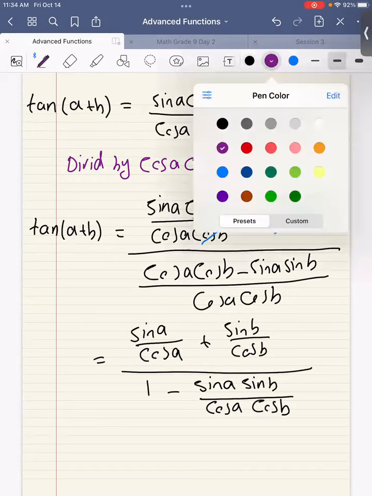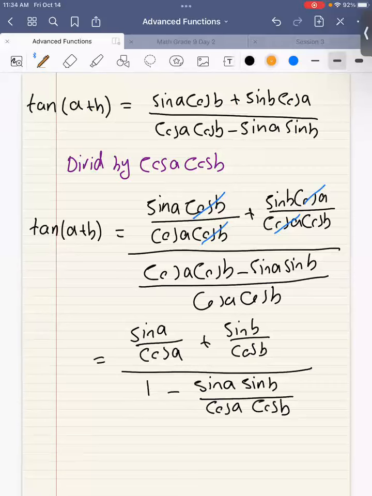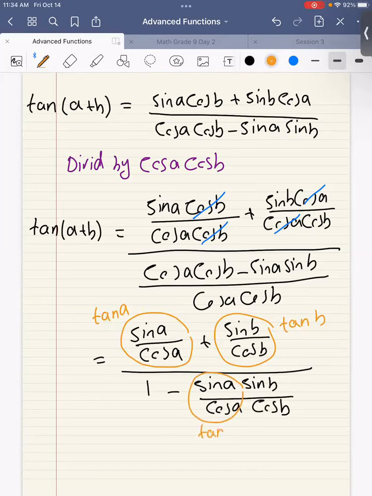Now, what you can see, something is coming. What is this guy? This is tangent of A. This is tangent of B. Again, this is tangent of A. This is tangent of B, right?